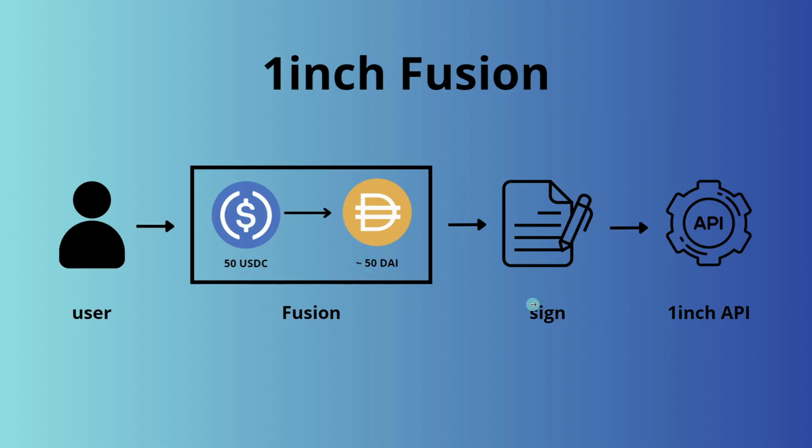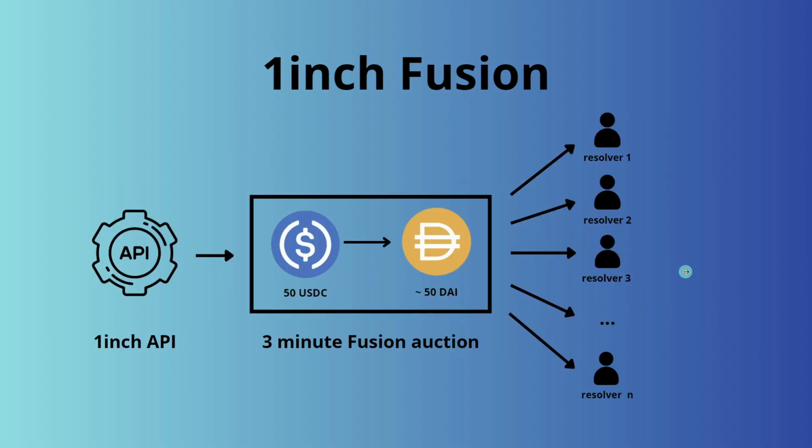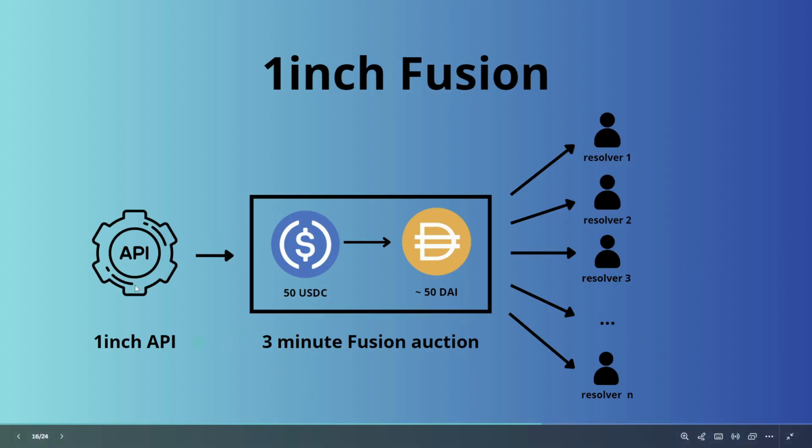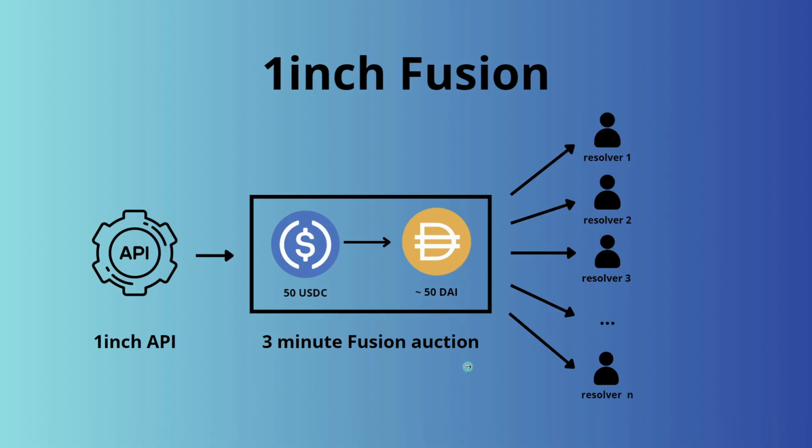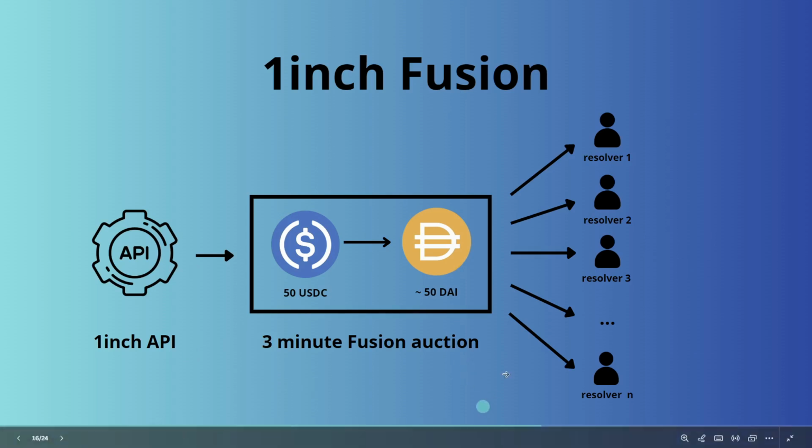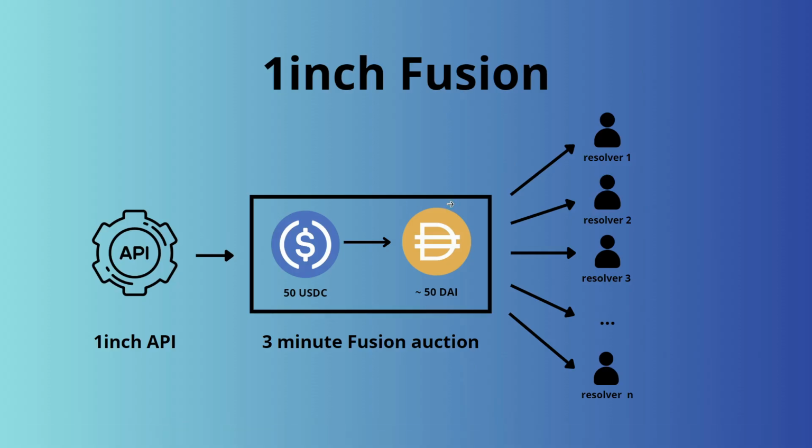It signs the transaction, signs the order, and the order gets sent to the 1inch API. Then in the 1inch API happens this 3 minute auction where there are a bunch of resolvers that could jump in and take this auction and perform this order for the user.